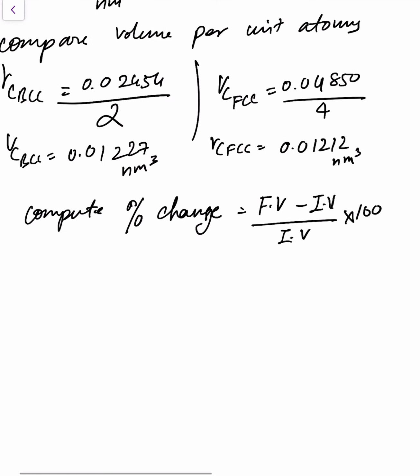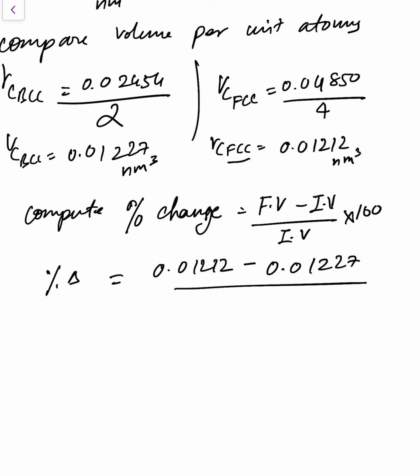Okay, and so percentage change will be equal to the final value, which is FCC volume, 0.01212, minus the initial value, 0.01227, divided by the initial value, 0.01227.